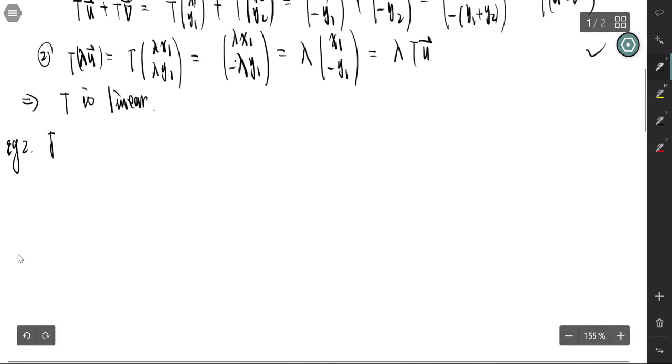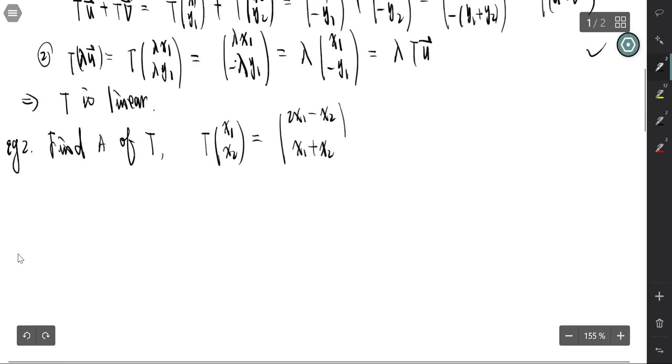First, find A of T. T is defined as T(x1, x2) equals (2x1 minus x2, x1 plus x2). We focus on e1 and e2. So Te1, by the definition, is T(1, 0).